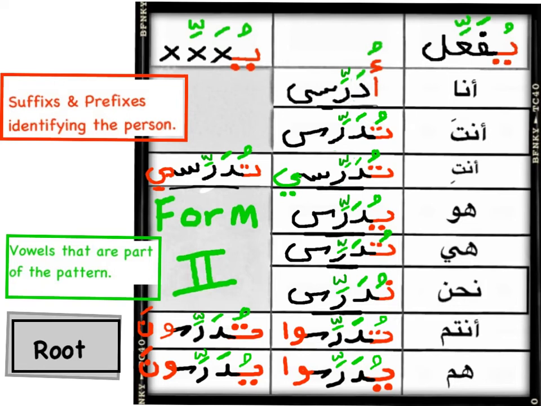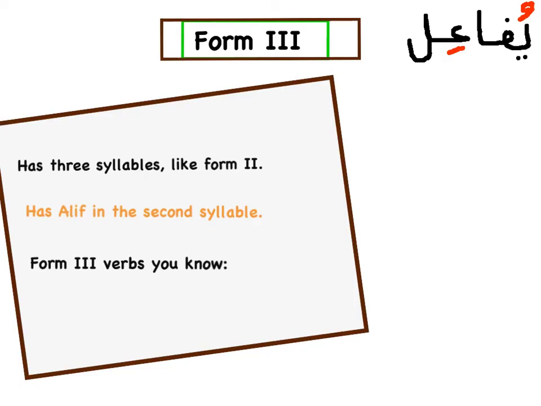So أنا أدرس، أنت تدرس، أنت تدرسي، تدرسين، هو يدرس، هي تدرس، نحن ندرس، أنتم تدرسوا، أنتم تدرسون، هم يدرسوا، هم يدرسون. Again, it's just a matter of adding the syllable and the vowels.